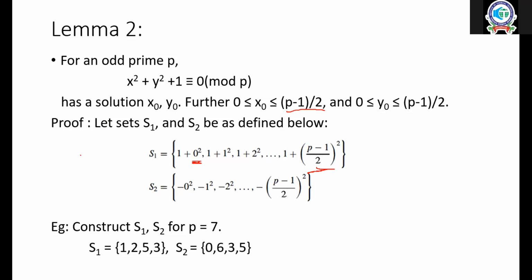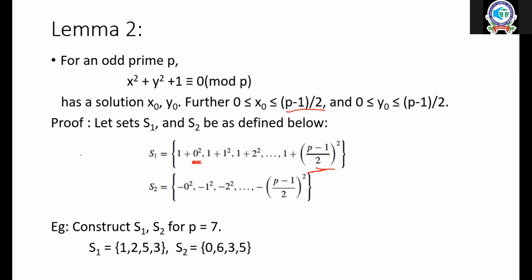How many terms are there in S2? Same as well. Okay. Now, next question is: are there any two elements in S1 that are the same? Is it possible? We are asking whether all these are distinct, or is there a possibility that two of them are equal?